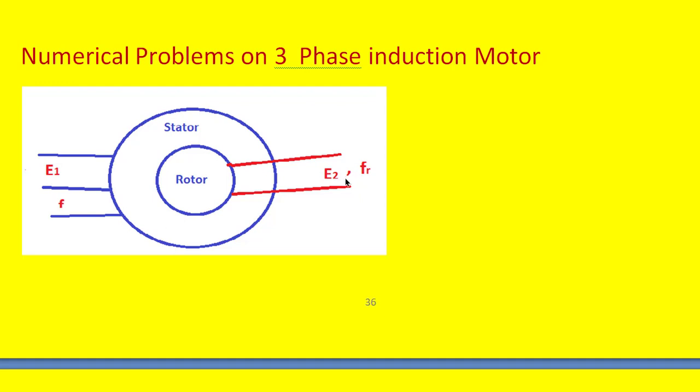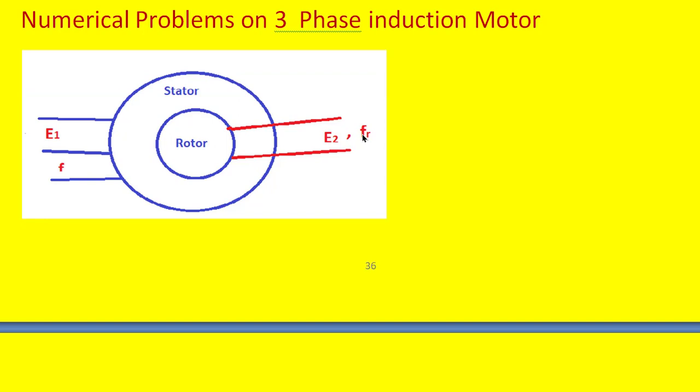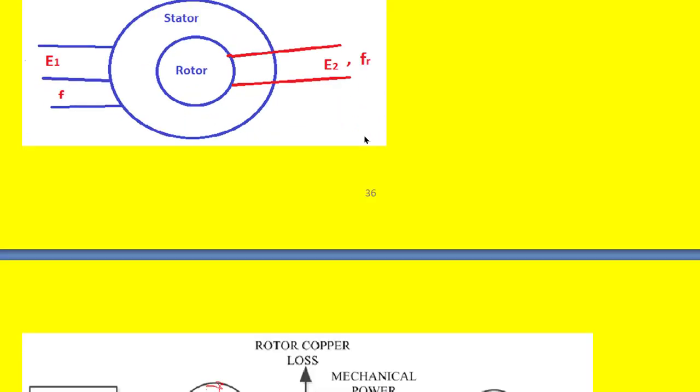This E2 or this fr will change with the speed of the rotor. It will be maximum when the rotor is at standstill, and it will be less when it starts rotating. Similarly, its frequency is maximum when the rotor is at standstill, but under running conditions the rotor induced EMF frequency reduces.